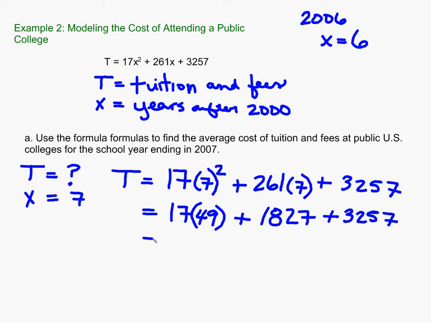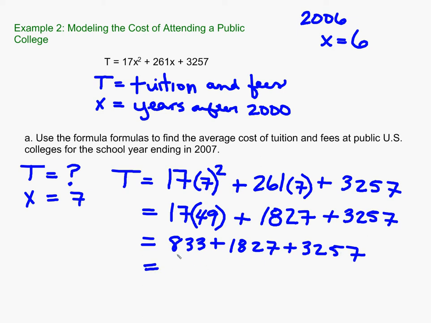And I'm just going to continue to simplify. 17 times 49 gives me 833, plus 1827, plus 3257. And lastly, order of operations, you always do addition and subtraction last.